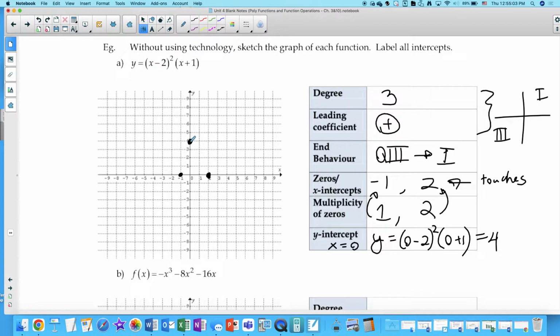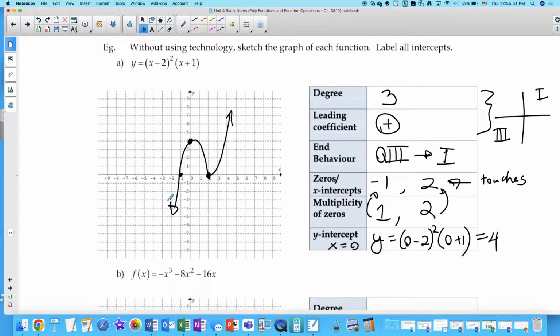Okay, so now as I'm drawing this, I need to think to myself, okay, it starts in quadrant 3. Here, is it going to touch or pass through? Passes through, hits the y-intercept. What about here? Bounces off. Okay, so I'm going to draw that. And there's a pretty good sketch.